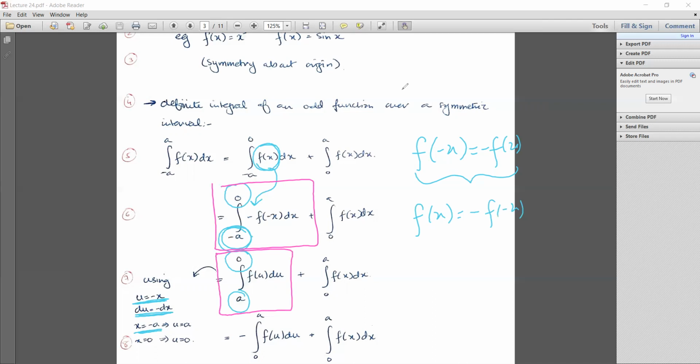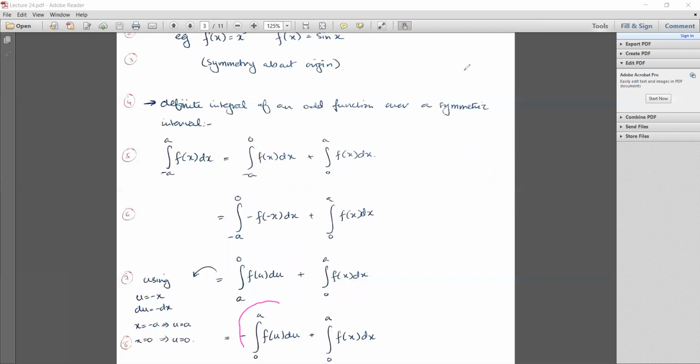And this one on the right I've left untouched. Now, if I swap the limits of integration, what do I get? I get negative integral from 0 to a of f of u du.